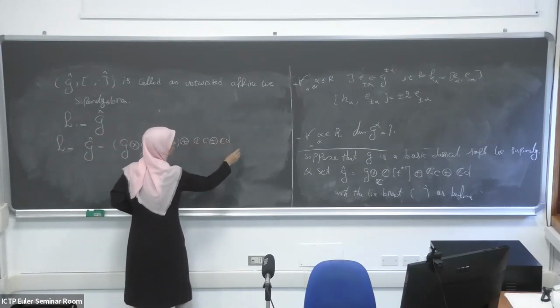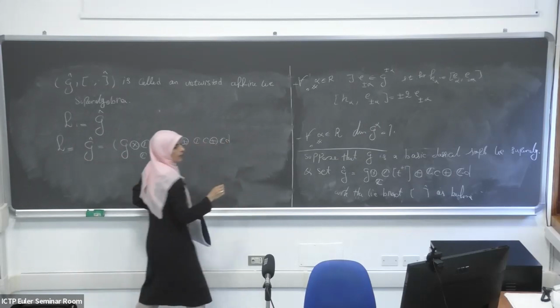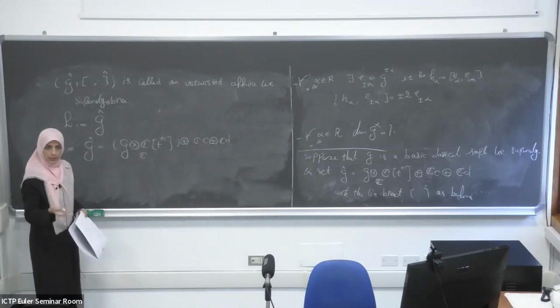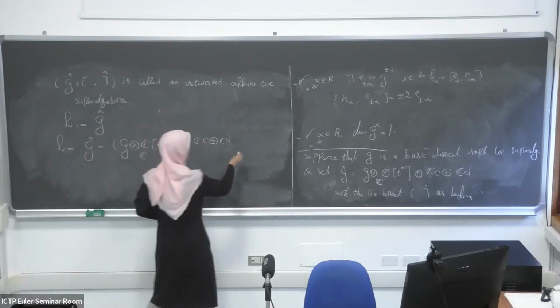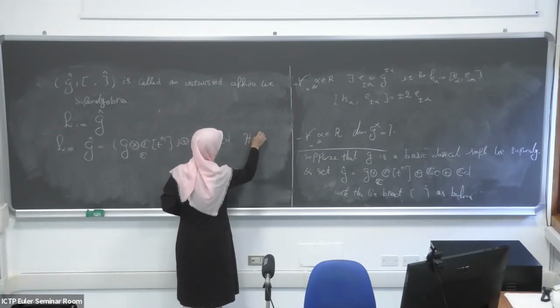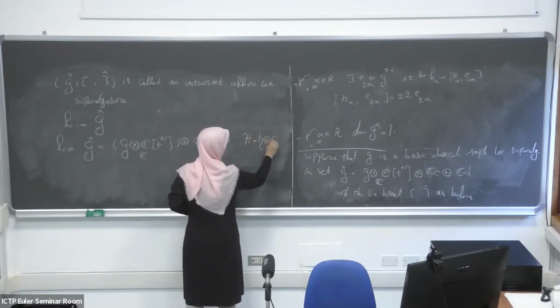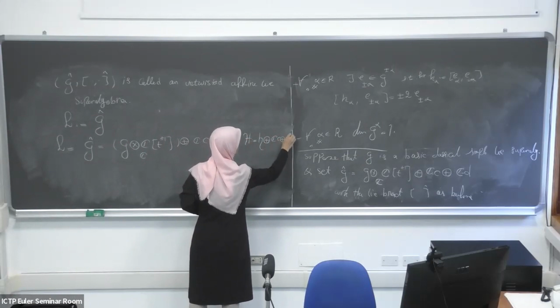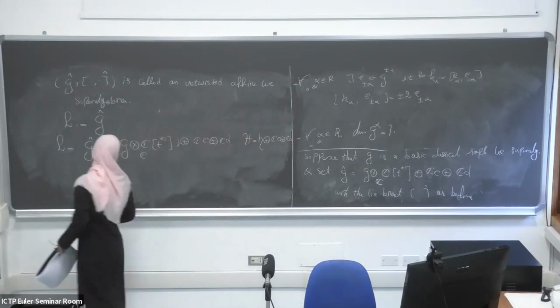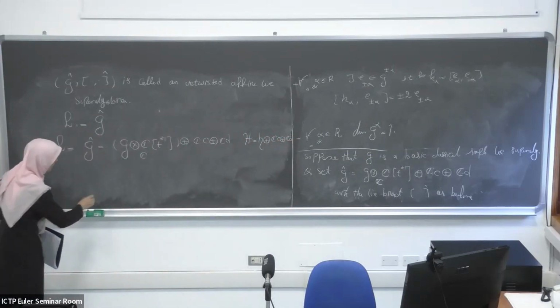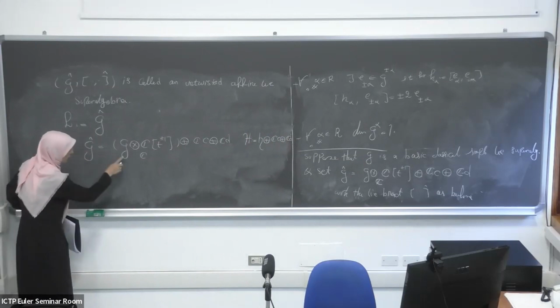As before, we identify H tensor 1 with H. So I put H direct sum CC direct sum CD. And now what we have, I can write this.